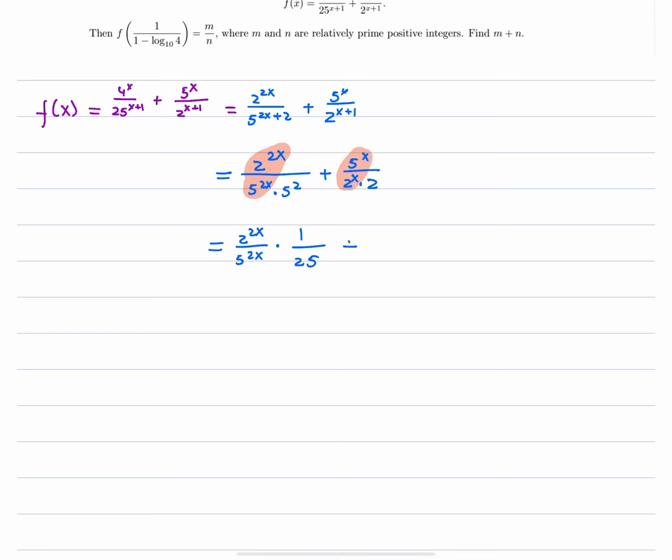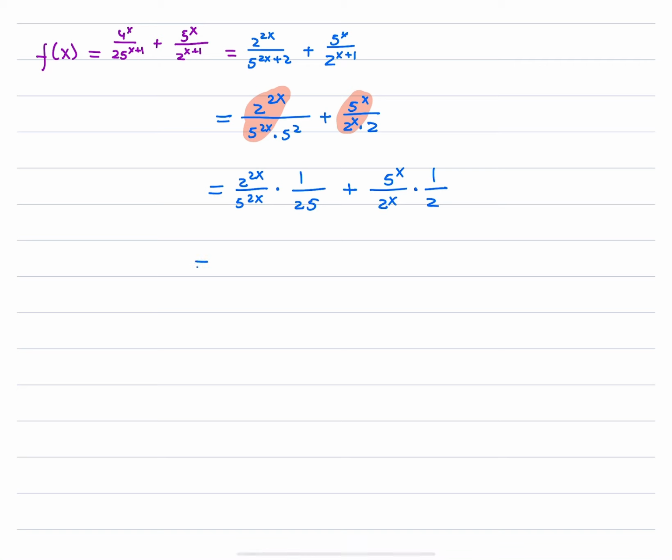The second part is 5 to the power of x over 2 to the power of x multiplied by 1 over 2. So we can write this part, 2 to the power of 2x over 5 to the power of 2x, as 2 over 5 to the power of 2x multiplied by 1 over 25, plus 5 over 2 to the power of x times 1 over 2.